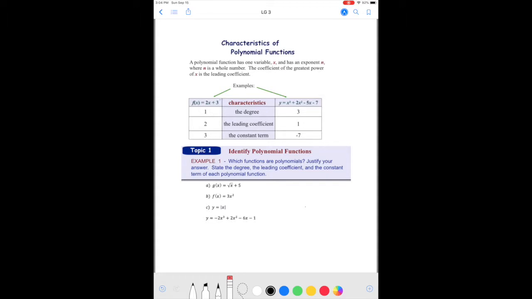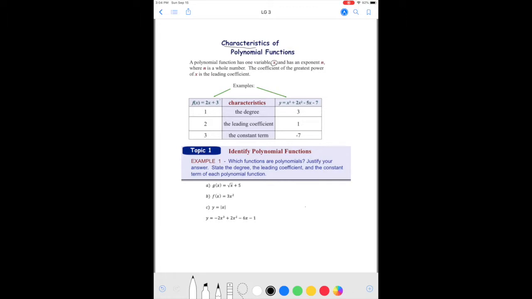All right, let's look at the characteristics of what makes a polynomial function. First thing, a polynomial function has one variable, x.